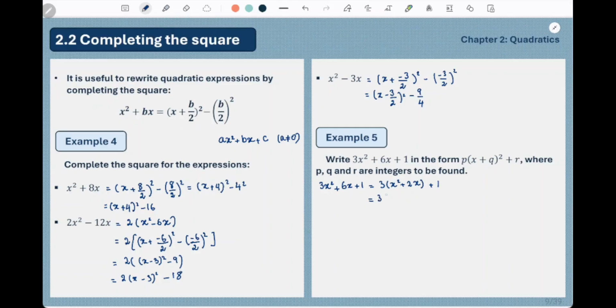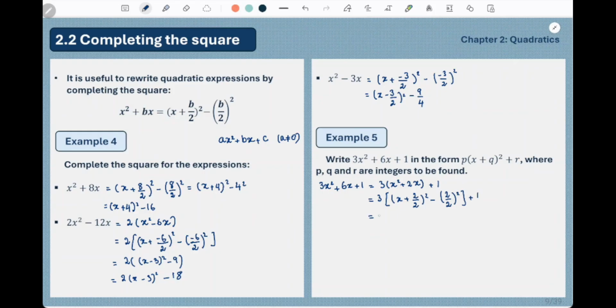So I'm going to do 3 and open my big bracket: x plus 2 over 2 squared minus, in this case b is 2, so 2 over 2 squared. I close my big bracket and add the 1.